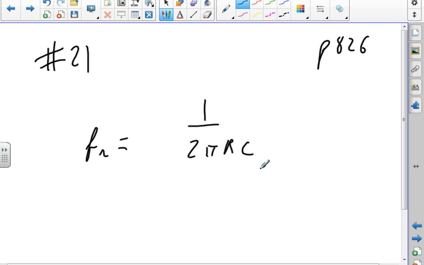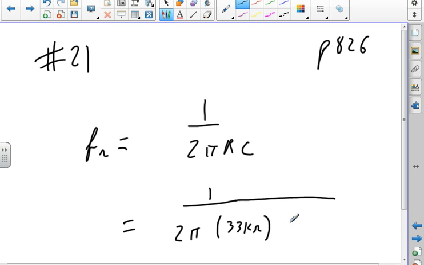Alright, so I'm looking at this guy. Is R1 and R2 the same? Yes. And C1 and C2 are the same. Alright, so 1 over 2 pi 33k times 22 pico.